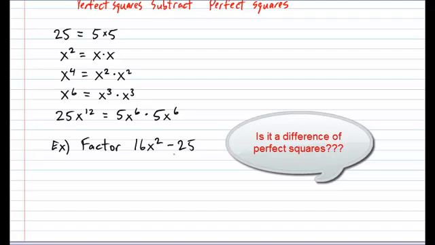Well, the subtraction is there, so it is a difference, and both terms are perfect squares because the 16x squared can be broken down perfectly into 4x times 4x, and the 25 can be broken down perfectly into 5 times 5.